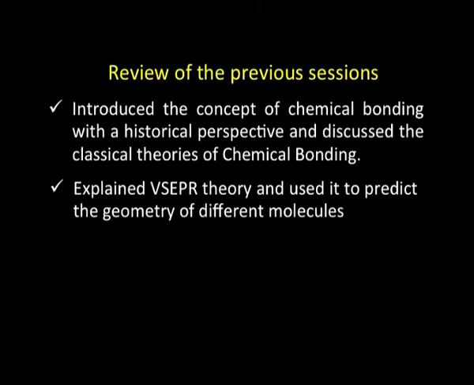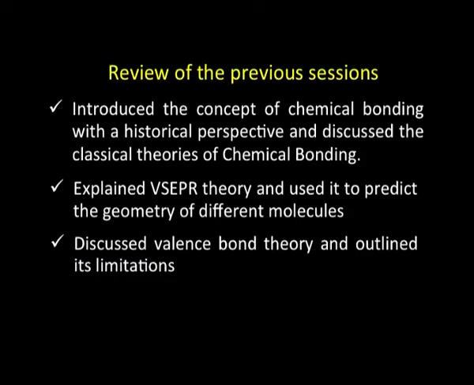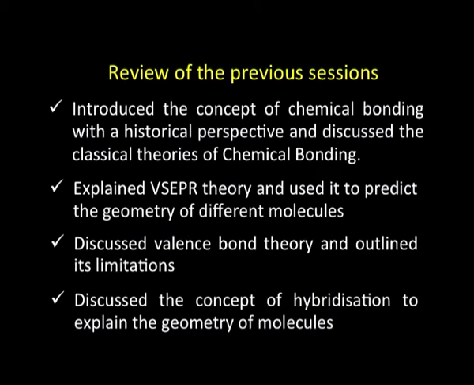Thereafter, we explained VSEPR theory and used it to predict the geometry of different molecules. Having done that, we moved on to discussion on valence bond theory and outlined its limitations. Then, in this context of limitations, we brought in the concept of hybridization, discussed it, and saw how we use it to explain the geometry of molecules. So, that is all we have done so far.